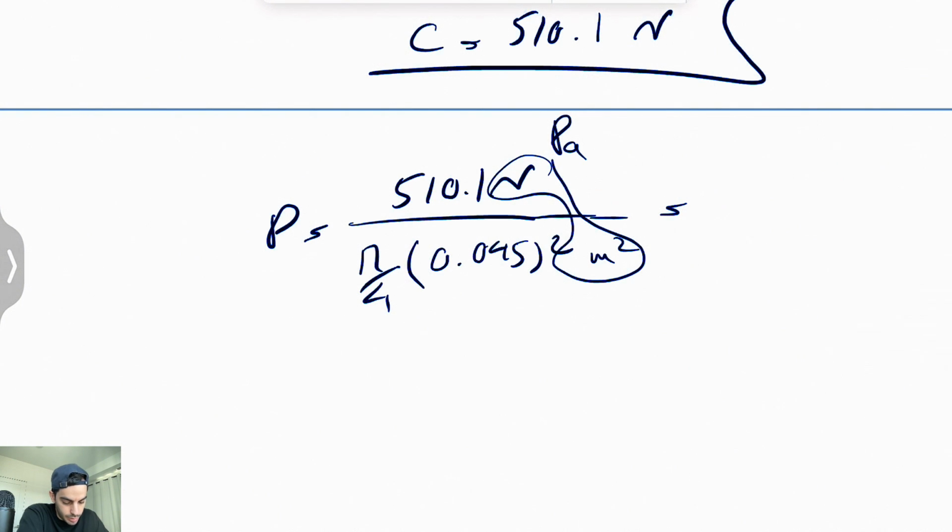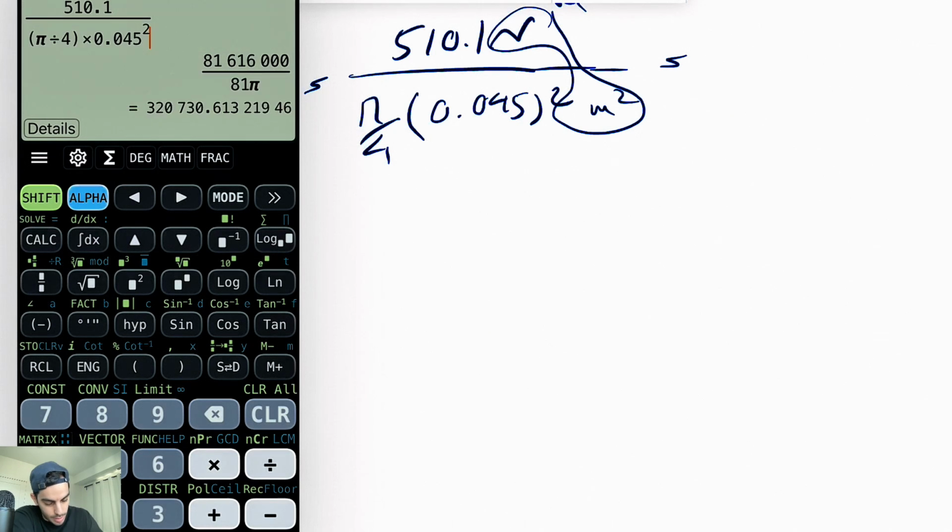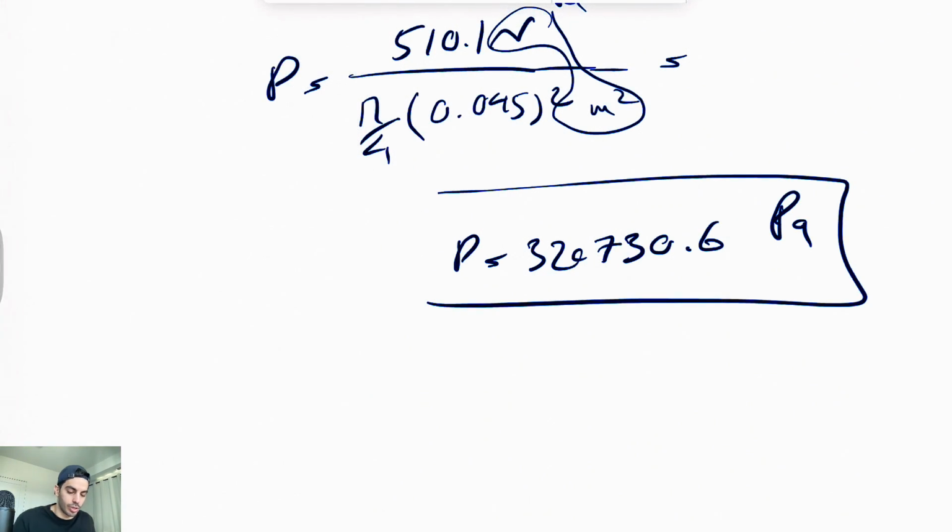Now let's calculate this. 510.1 divided by pi divided by 4 times 0.45 squared. And this is going to give us the pressure, 32730.6 Pascal, and the final answer for this question.